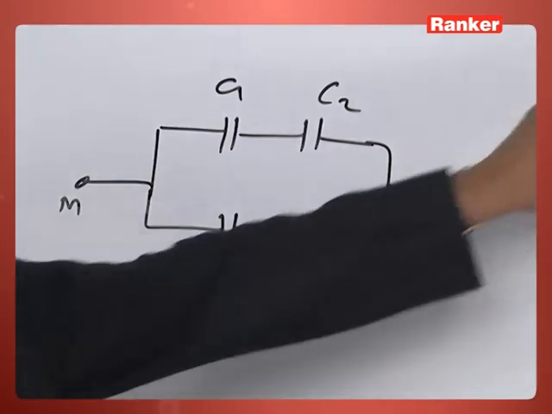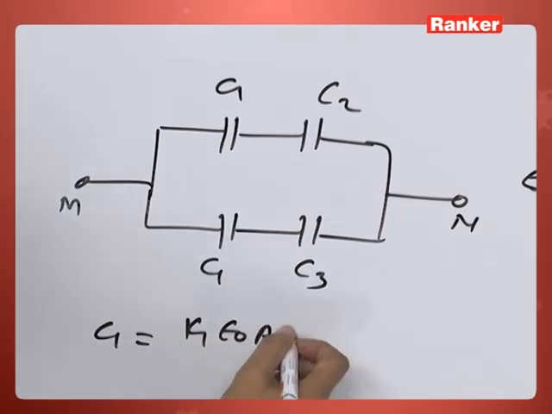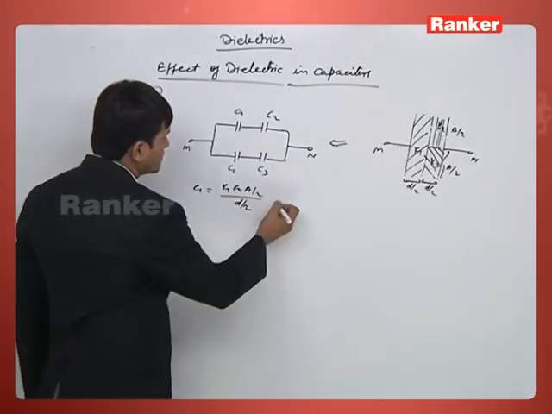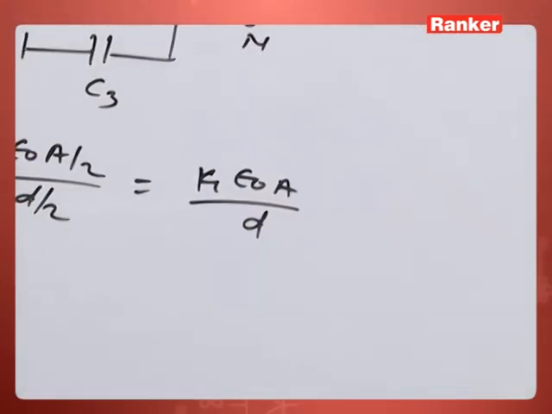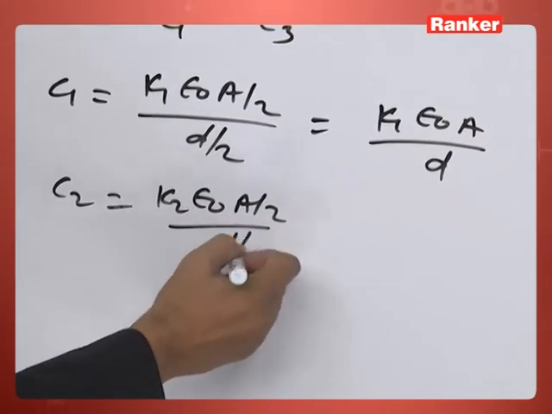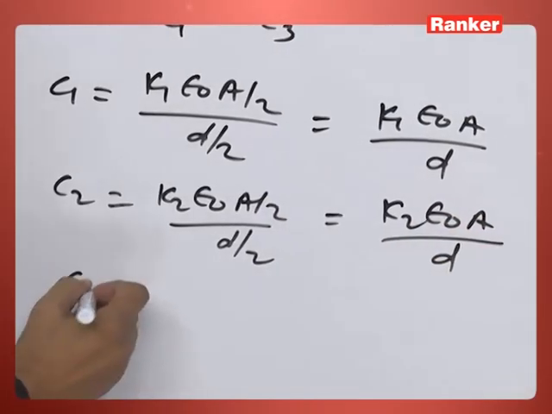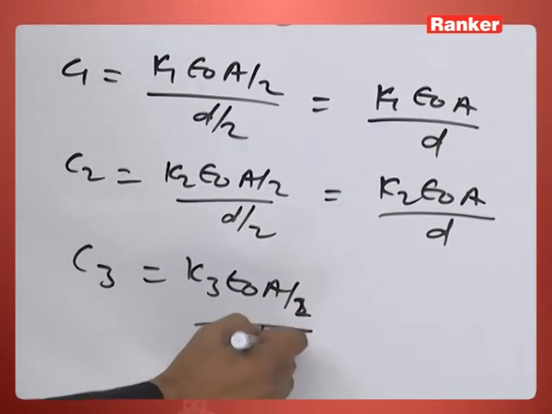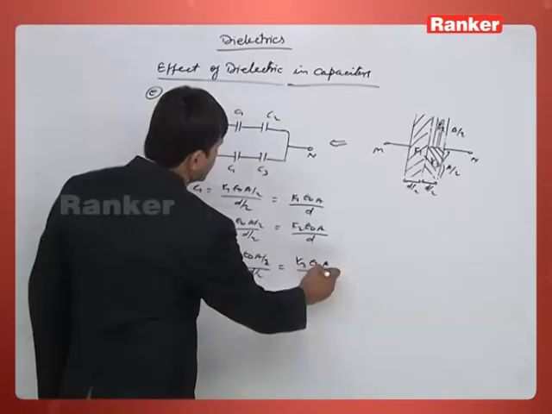C1 means half of this part, it means K1 epsilon naught, area A by 2, gap D by 2, so this is K1 epsilon naught A by D. Similarly, C2 is K2 epsilon naught, also area A by 2, D by 2, so this is K2 epsilon naught A by D, and C3 is K3 epsilon naught A by 2 and D by 2, so this is K3 epsilon naught A by D.